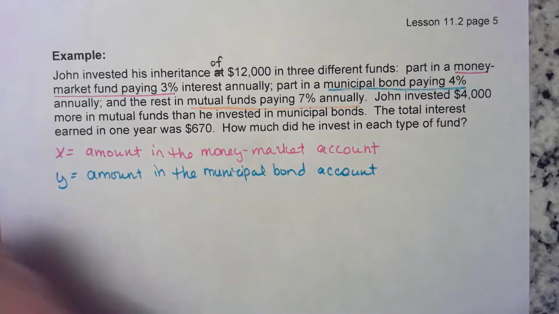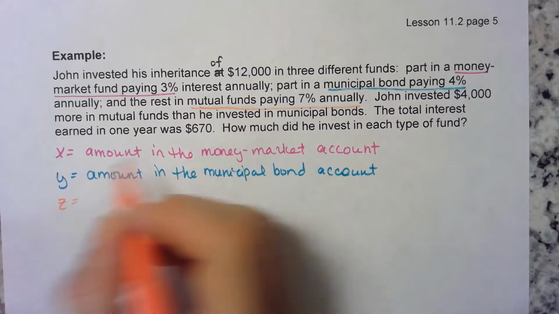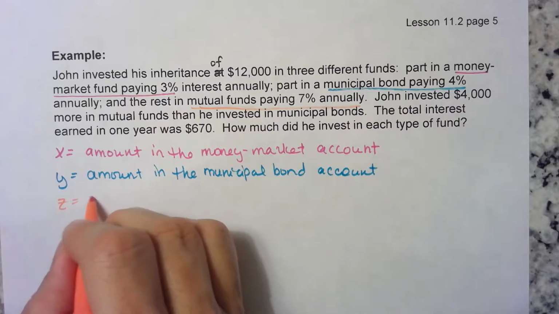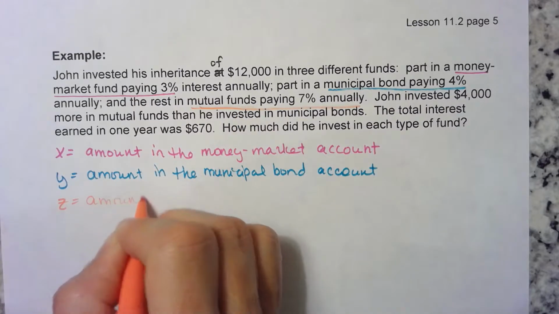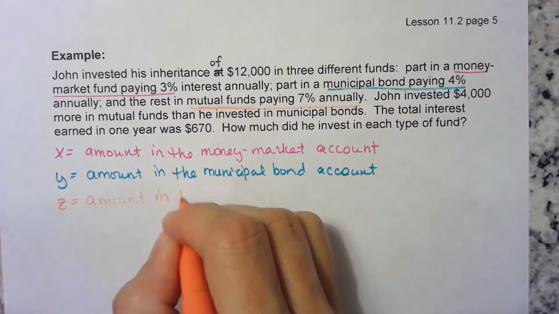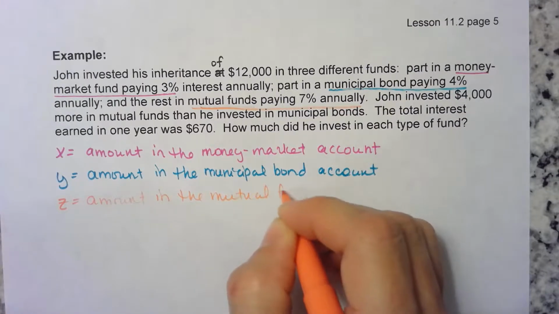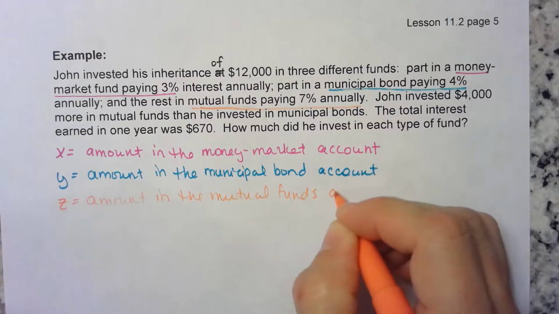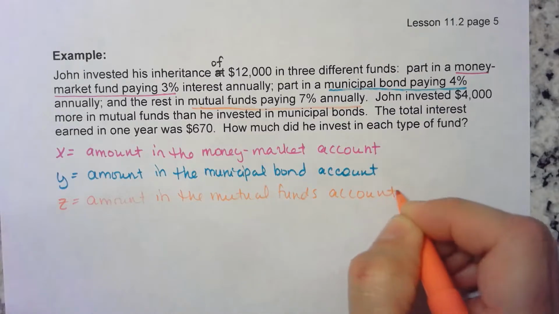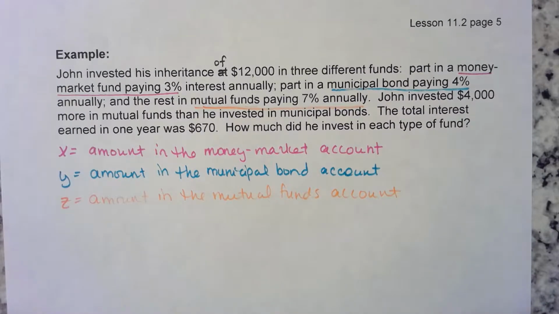And finally, Z will be the amount he invested in mutual funds. So now we've defined all of our variables. Let's see what we can do with it.